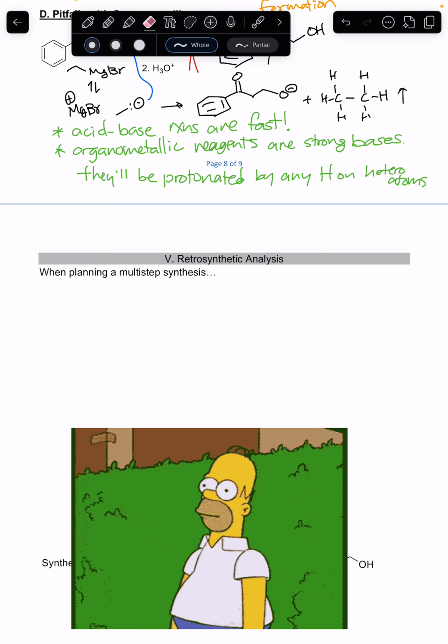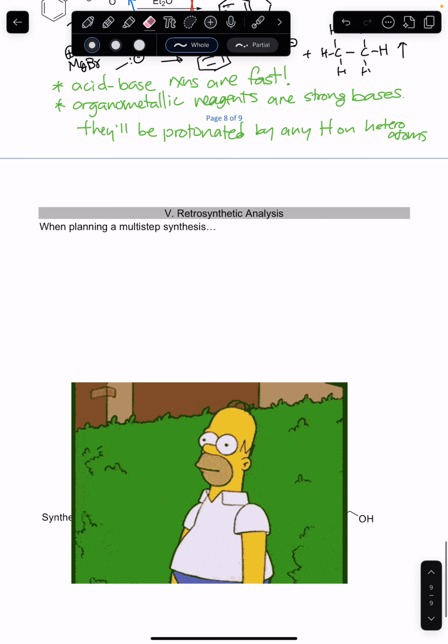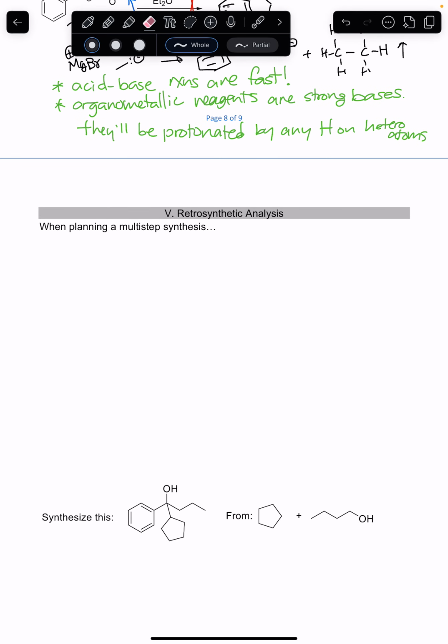Unlike the colloquial use of the word, retro doesn't mean old. Retro just means backwards. I'm sure you know that meme I'm referring to. So we have to walk backwards to do good planning here.